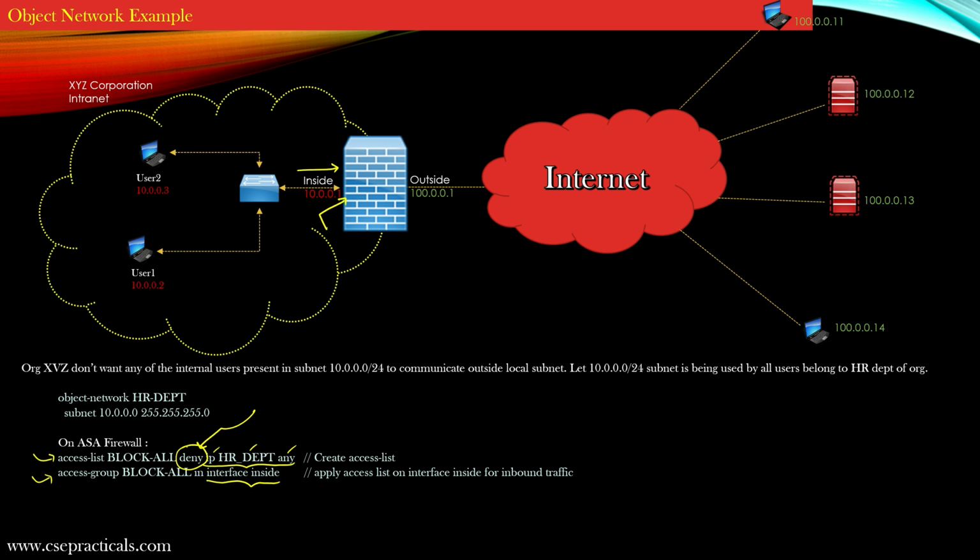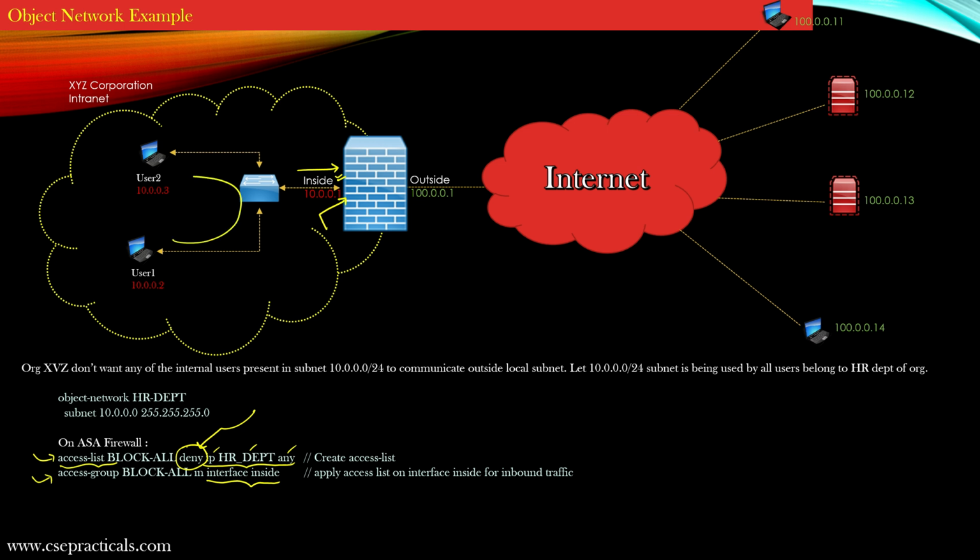All right. So it simply means that any packet whose source address belongs to this HR department, when trying to exit out of this ASA firewall on its inside interface, would be dropped by this access list. As simple as that. So it indirectly translates to this: any packet generated by any of the users in the HR department cannot leave its local subnet.